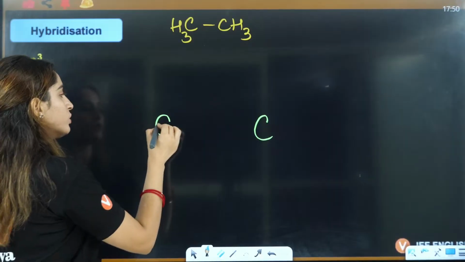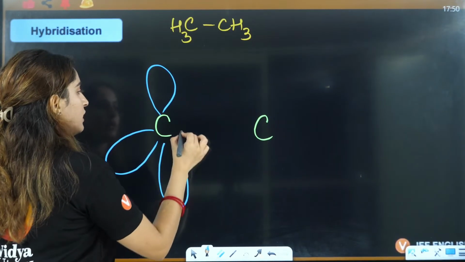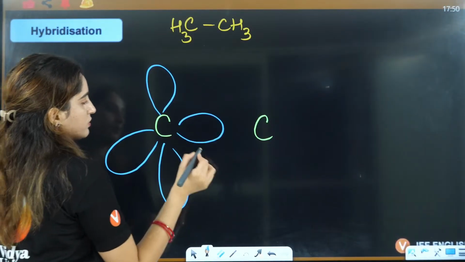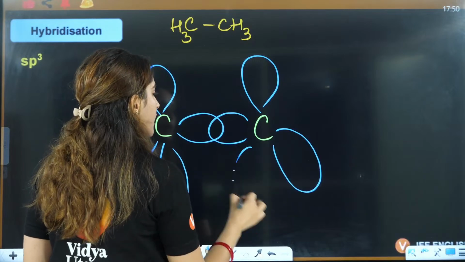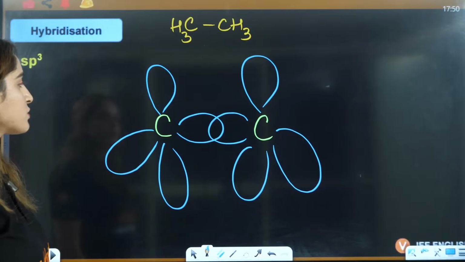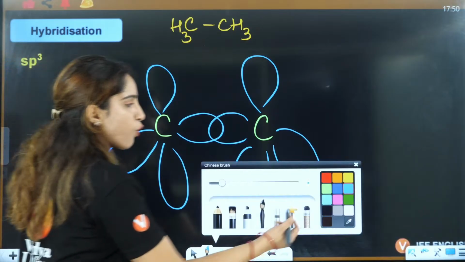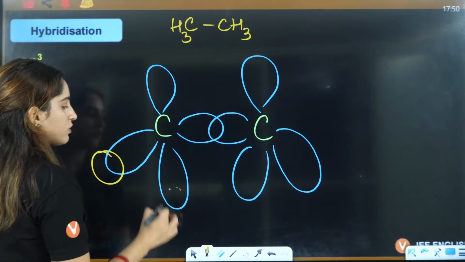So what I'll do, 1, 2, 3 and 4. That's how I am drawing tetrahedral. Right? So we have tetrahedral. No p orbital is unhybridized. So what you will do?